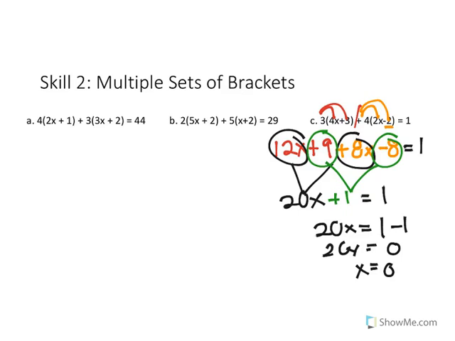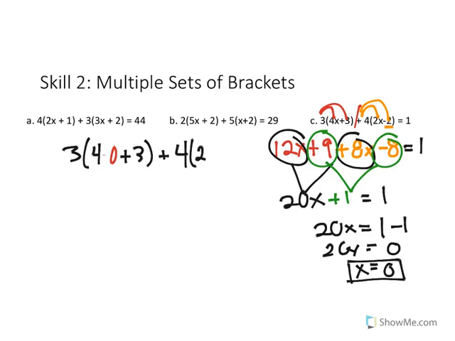Let's do a check, because if you have a 0 for an answer, sometimes it feels a little peculiar. So 3 times 4 times 0 plus 3 plus 4 times 2 times 0 minus 2.